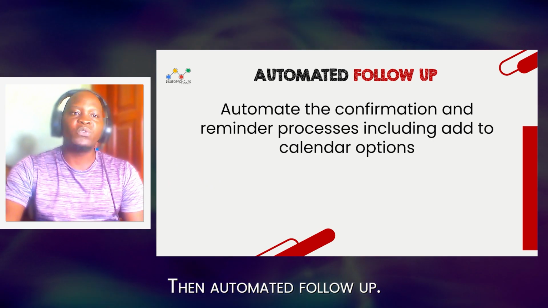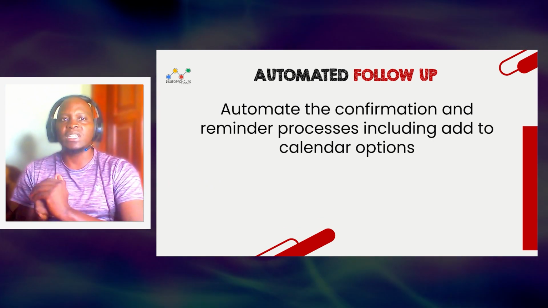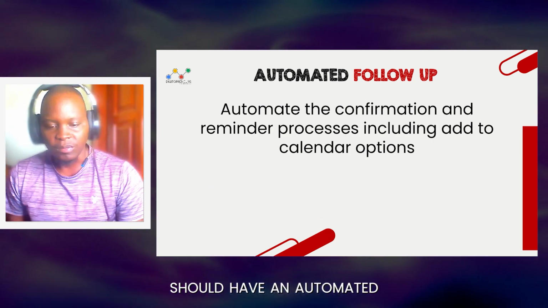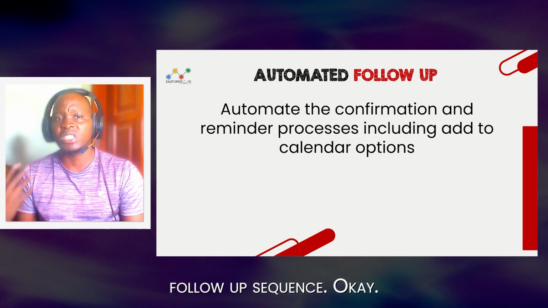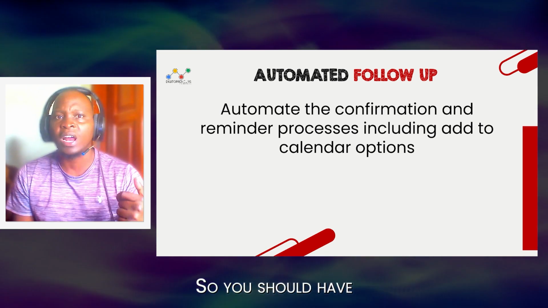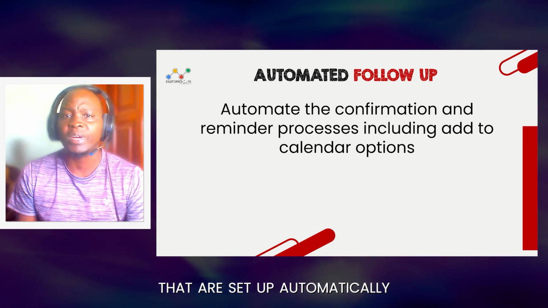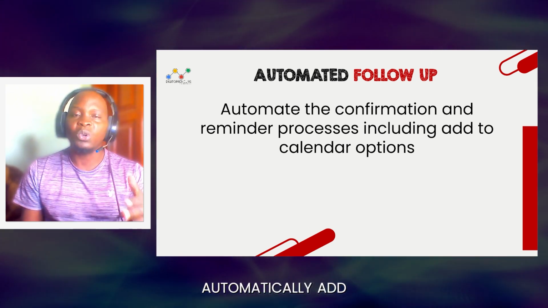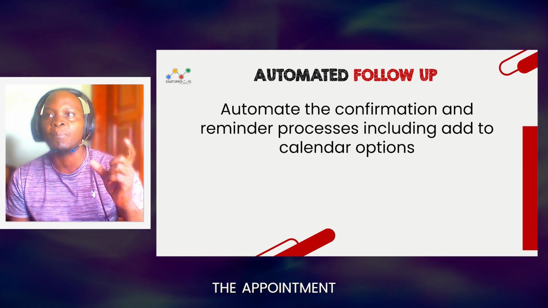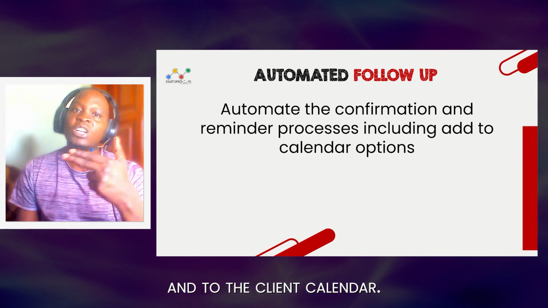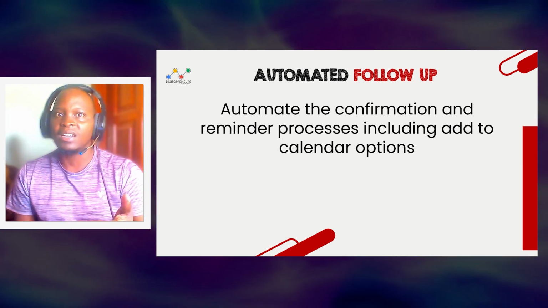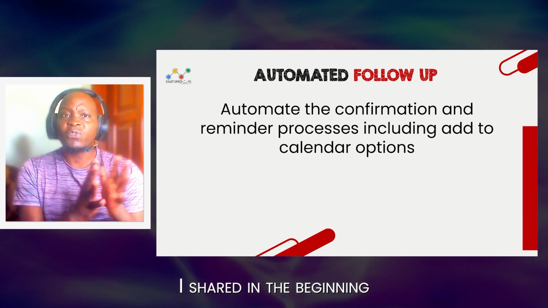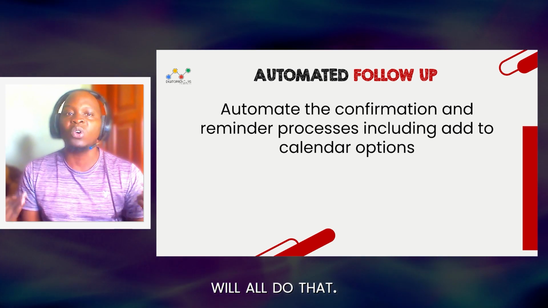Then automated follow-up, like I've already said, the platform should have an automated follow-up sequence. You should have reminders that are set up automatically, and it should automatically add the appointment to your calendar and to the client's calendar. The platforms I shared in the beginning will all do that.